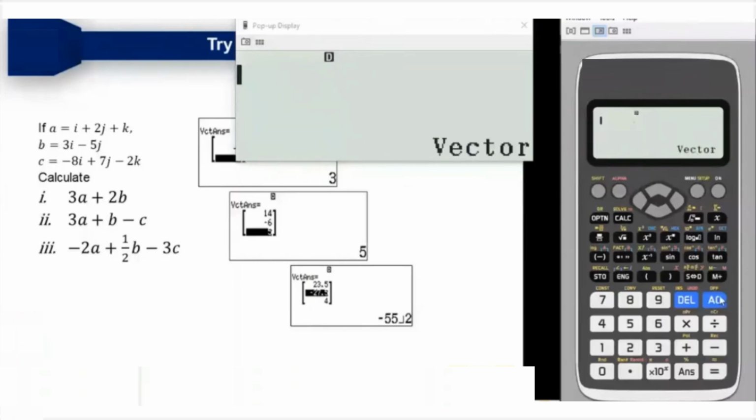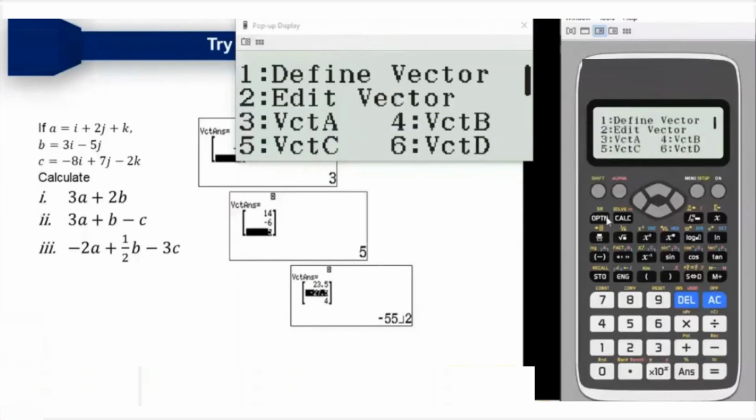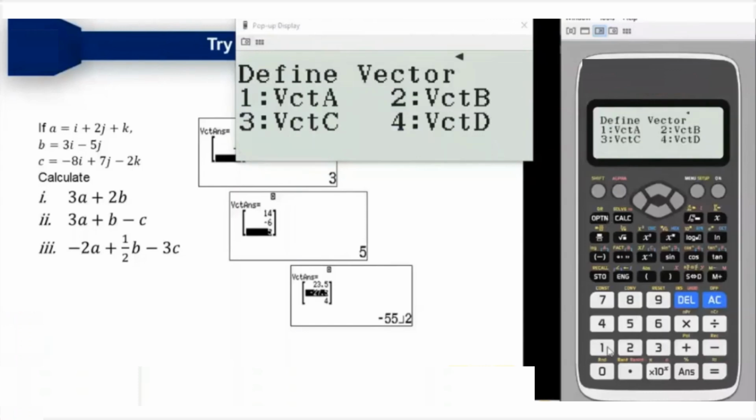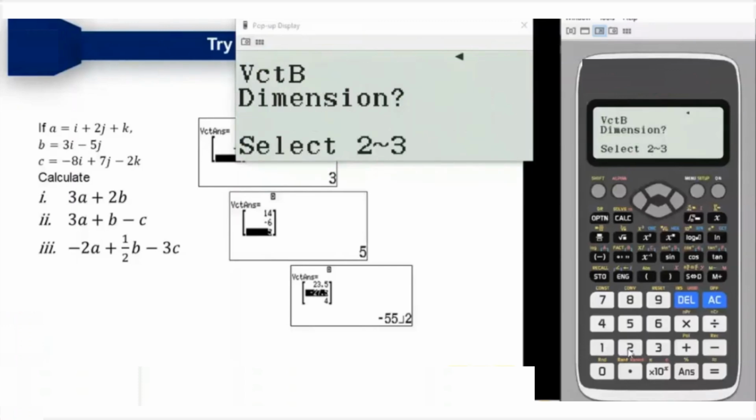Now I will press option and I will press 1 to define vector B. Now the calculator is asking us, is B a two-dimensional vector or a three-dimensional vector?